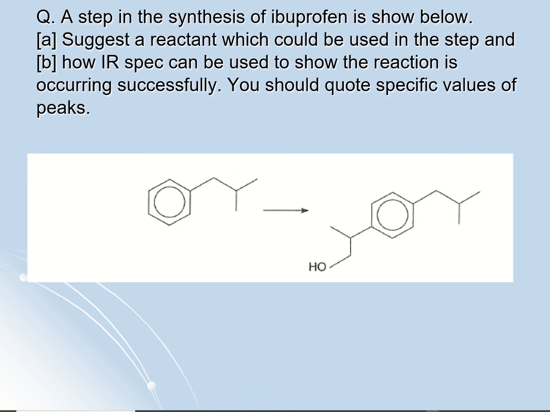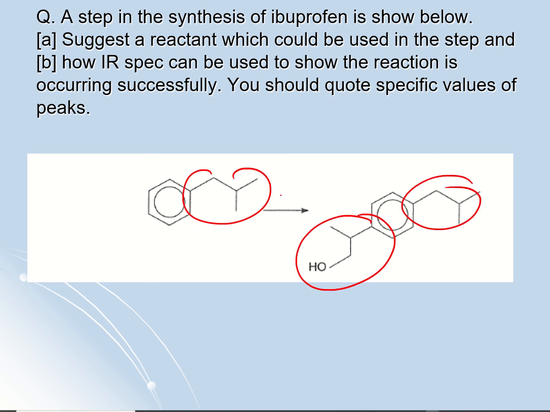A step in synthesis of ibuprofen, in other words the way in which you make it, suggests a reactant which could be used in this step. If you look at it, that is the same as that. So we're asking really, what might you add to here to make this reactant into the product?